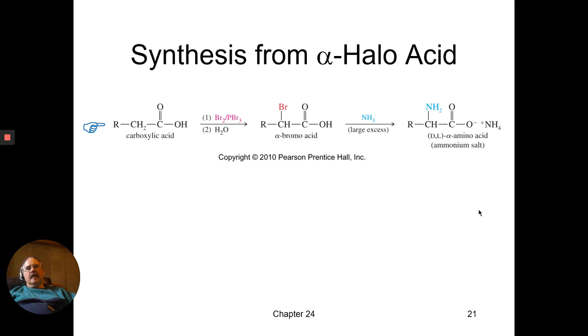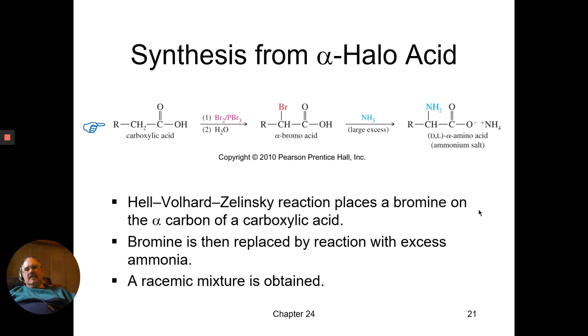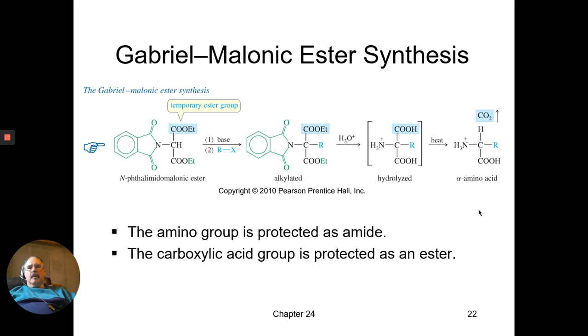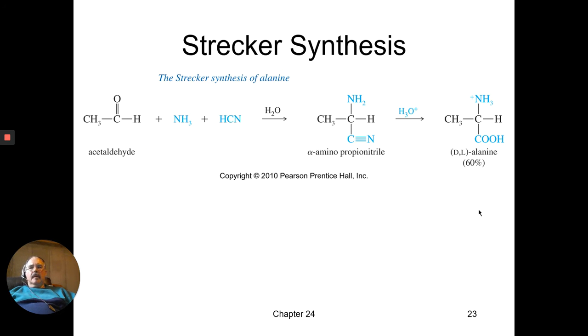Earlier we talked about the Hell-Volhard-Zelinsky reaction, but again, this gives a racemic mixture. I'm going to skip over the Gabriel synthesis. This is the Strecker synthesis. Again, it's mostly of historical interest.